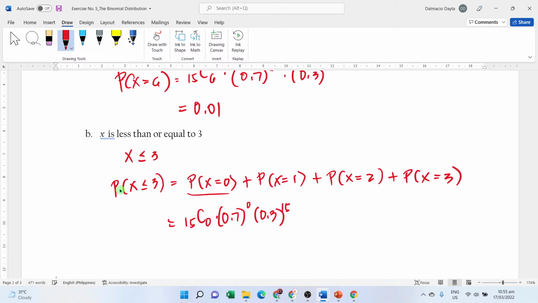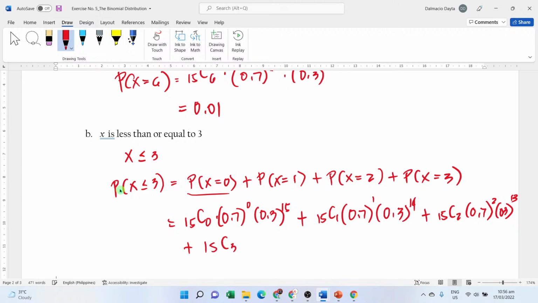Ito pa lang yung para kay x equals 0. Pag x equals 1 naman, 15 combination 1 times 0.7 raised to 1 times 0.3 raised to 15 minus 1. And then, para naman kay 2, 15 combination 2, 0.7 raised to 2, 0.3 raised to 13. Plus, para naman kay 3, 15 combination 3 times 0.7 raised to 3 times 0.3 raised to 15 minus 3, 12.